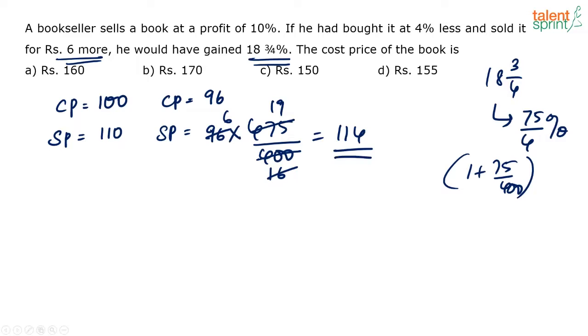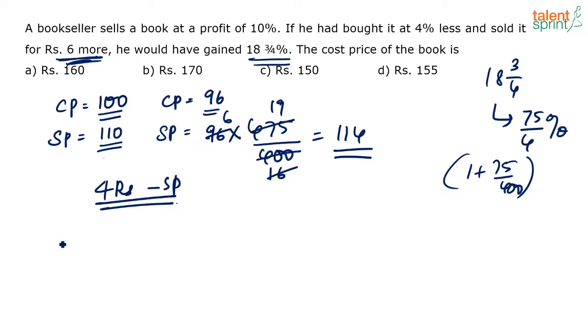So what has happened here? If I assume that the cost price was 100 and the selling price was 110 in the earlier case, now if the cost price is 96, the selling price is becoming 114. So what is the difference in the selling price? Actually there is a 4 rupees difference in the selling price, correct. Now in the question they have given that there is a 6 rupees difference in the selling price. So you have to find out the cost price of the book.